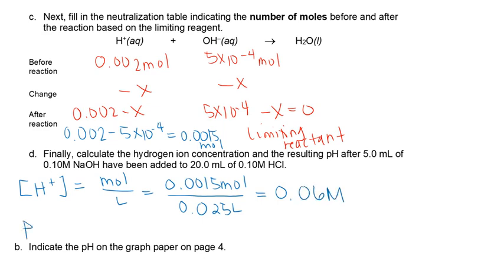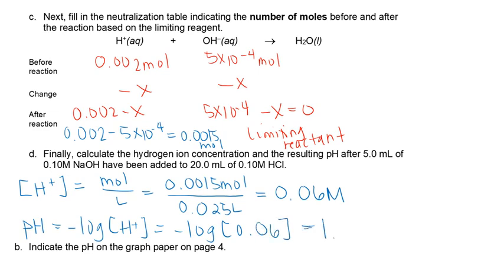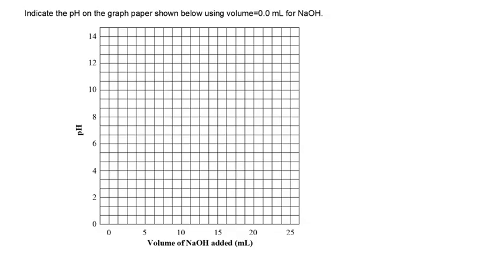So again, I calculate the pH. So pH is equal to negative log of the concentration of the acid. And what I'm going to get then as the pH is going to be 1.22. So we're going to plug this onto our graph.